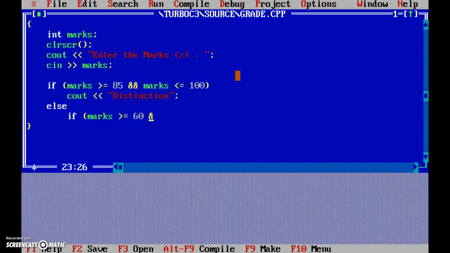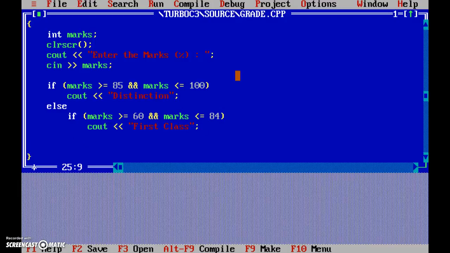and marks is less than or equal to 84, then cout what? First class.